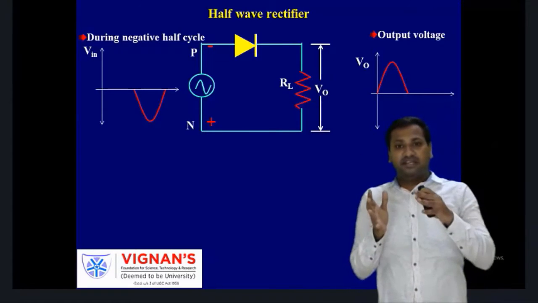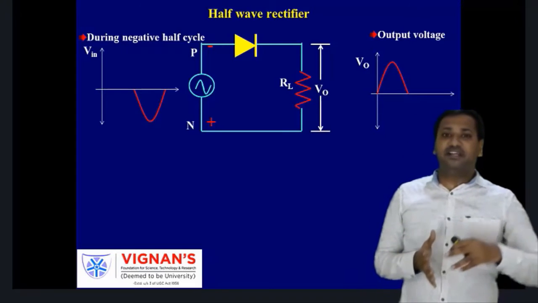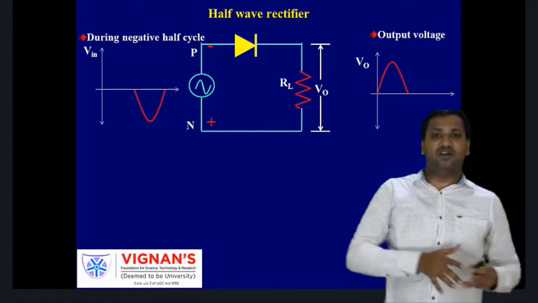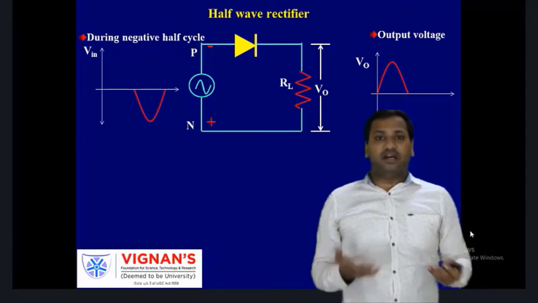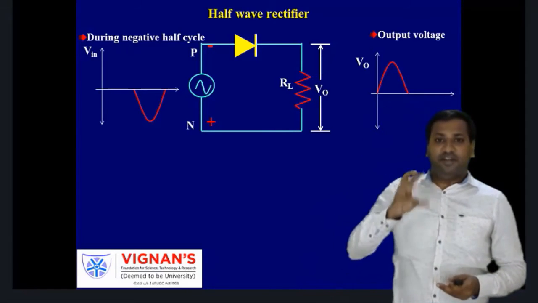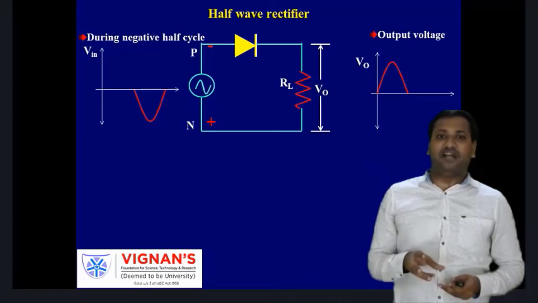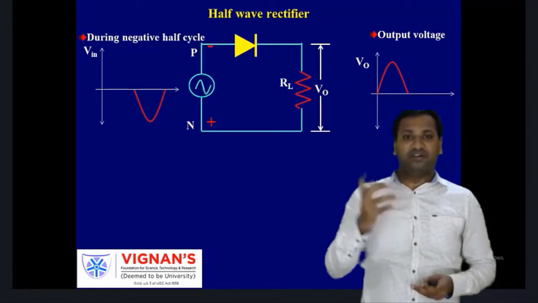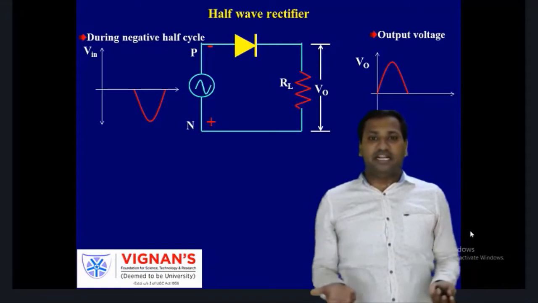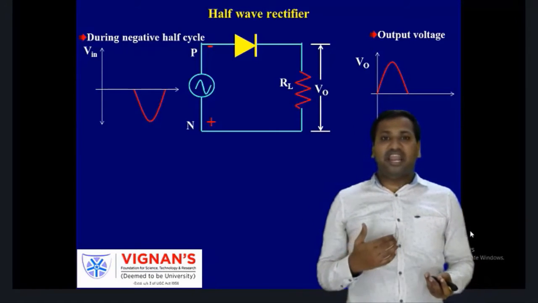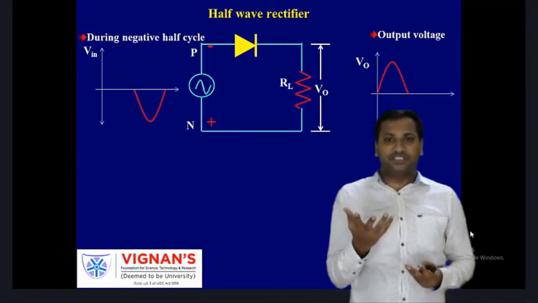So your diode will have lesser potential on the anode side and more potential on the cathode side. Similar to the diode characteristics, whenever the anode potential is at a lesser value, your diode will be in reverse bias. So in reverse bias, the diode will act as an off switch or open switch.